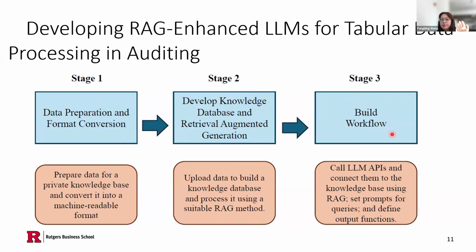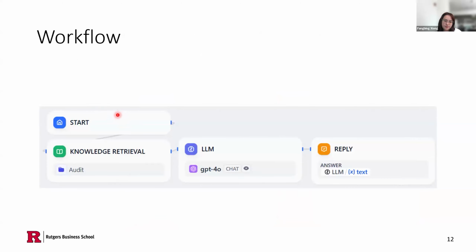The third step is to build a workflow. You connect the user's input box with RAG, and you connect those prompts together to a large language model. That's building the workflow. Like this, we have a RAG here.